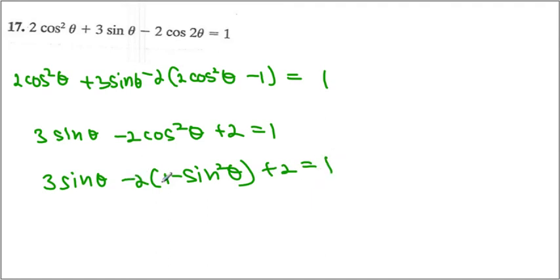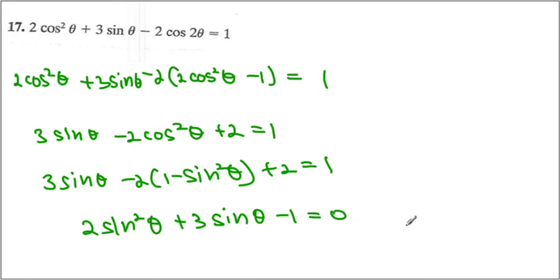Now, negative 2 times 1 becomes negative 2, while with the positive 2, those two will cancel out. Then what we end up having is 2 sine squared theta plus 3 sine theta minus 1 equals 0. Now, you will realize that this is not factorable.